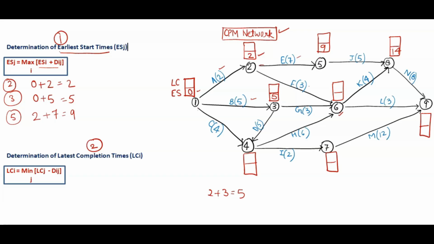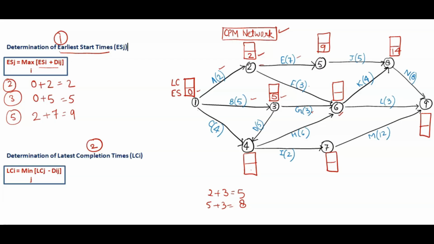Then G activity is coming from 3 to 6, so 5 plus 3, ES plus duration, that means 8 here. Then H activity also comes towards 6, from 4 to the 6th node. The 4th we don't have yet, so first we'll find this one, then we'll come back to the 6th.